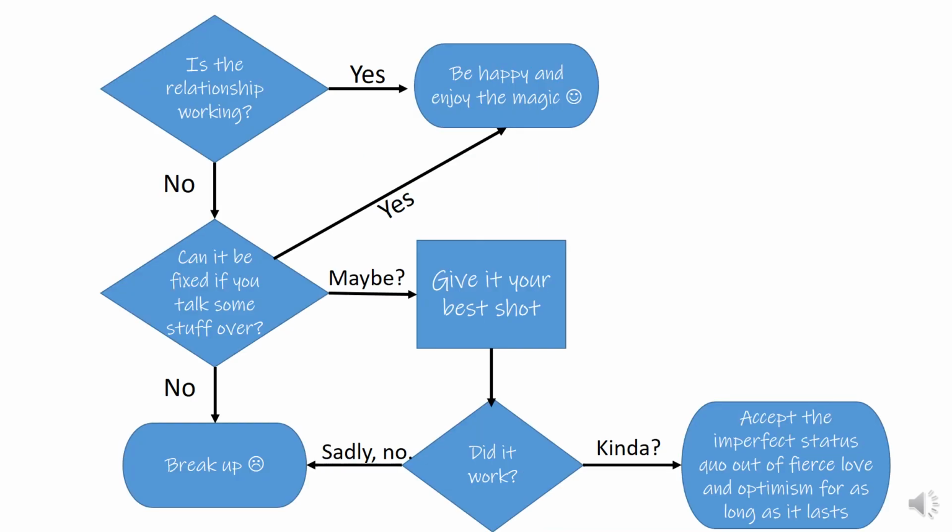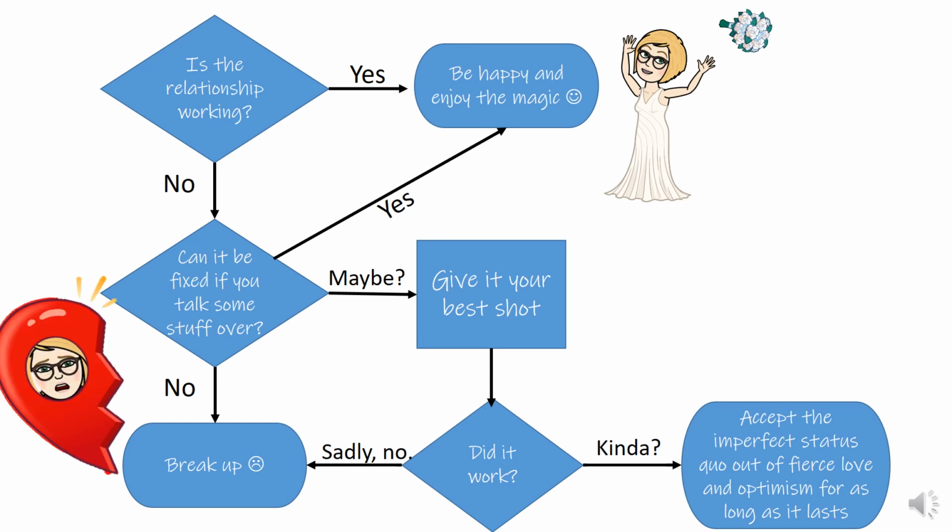We could start with the decision diamond, as we saw in the previous slide, and show the outcomes from that decision. If the relationship is working, you stay in the relationship, be happy, and enjoy the magic. But if it's not working, you need to decide if it can be fixed or not. If it can't be fixed, then you get to another terminus of the process, breaking up.